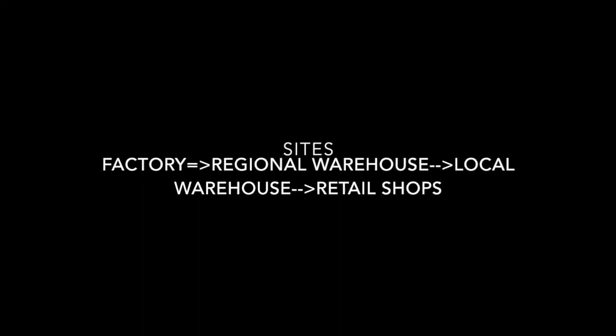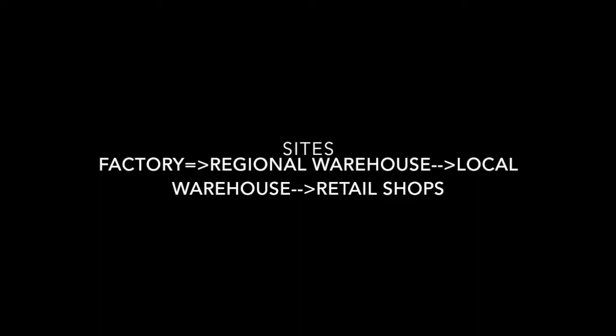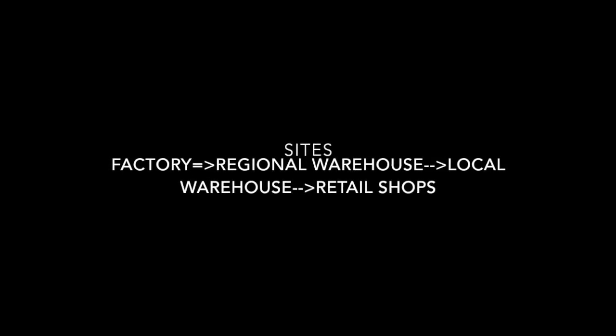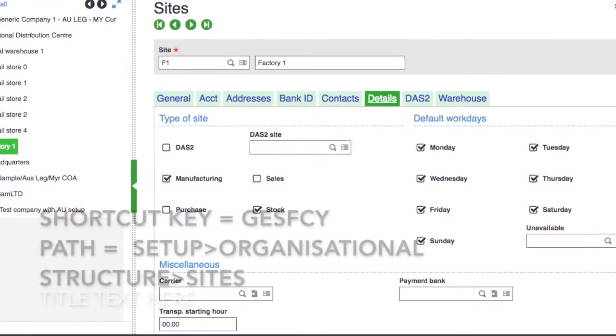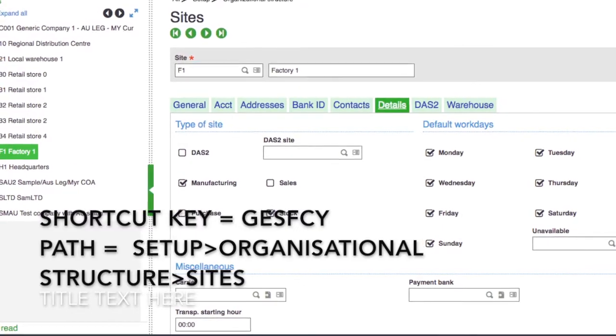The site's setup is to simulate the scenarios of warehouses. The level setup is from larger to smaller, which is from factory to regional warehouse, local warehouse, and retail shops. For factory, we will set it to manufacturing type.